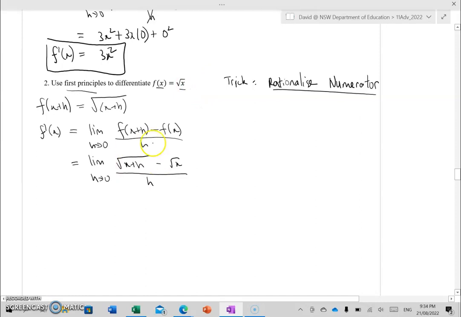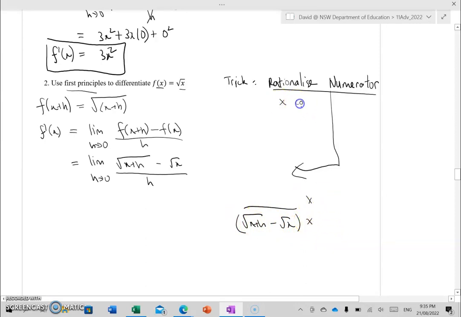Alright, so we get to this stage, and note we can't sub in h as 0 at this stage because we'd be making the denominator 0. So we obviously need to manipulate this further. And at this stage, this is where we do the trick of rationalizing the numerator. Now, you might remember for surds, if root x plus h minus root x was in the denominator and I wanted to rationalize that denominator, we multiply by what we call the conjugate.